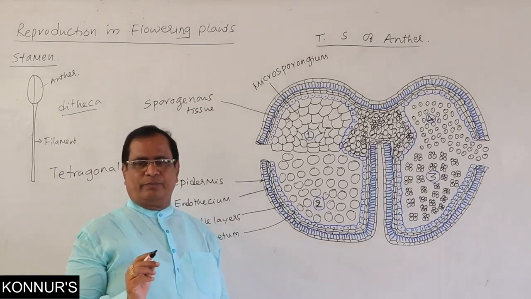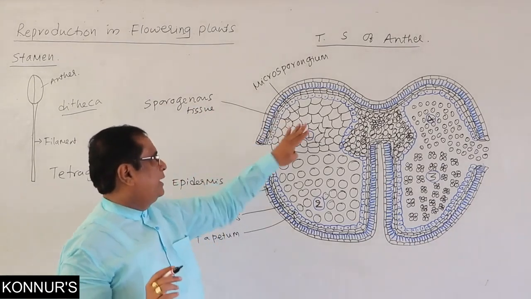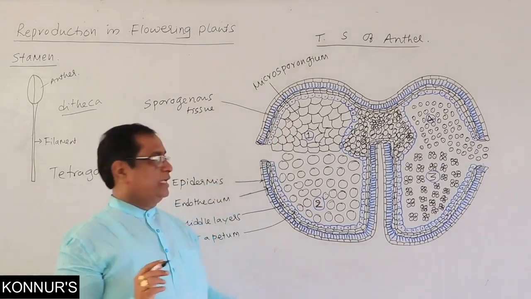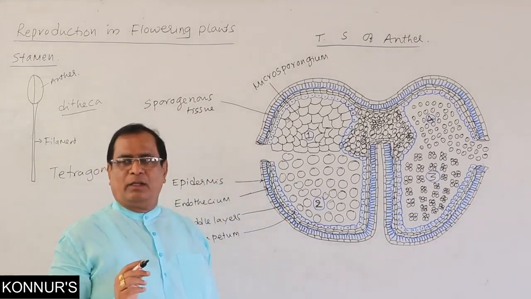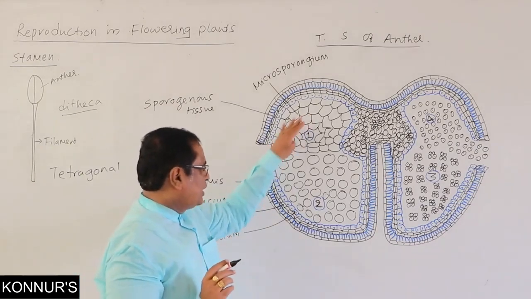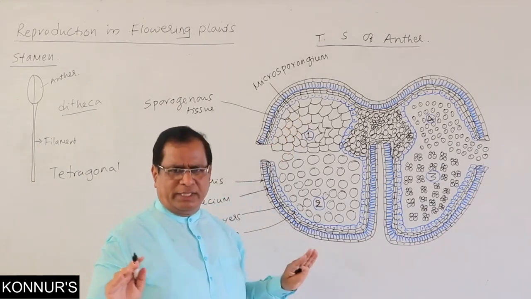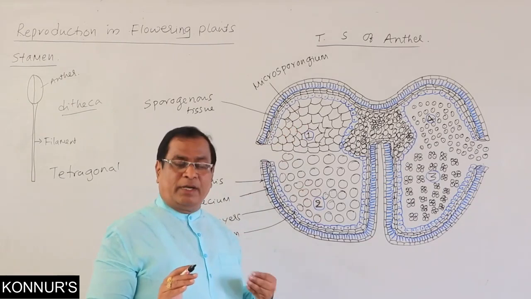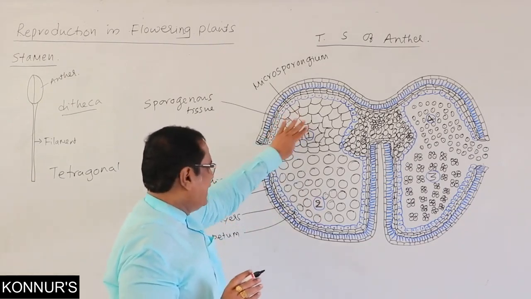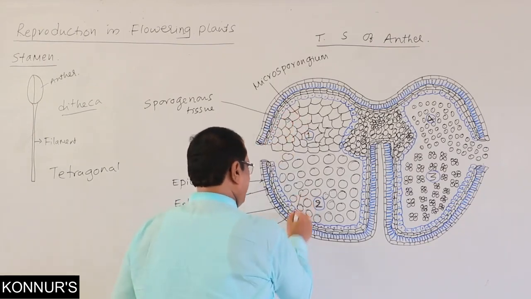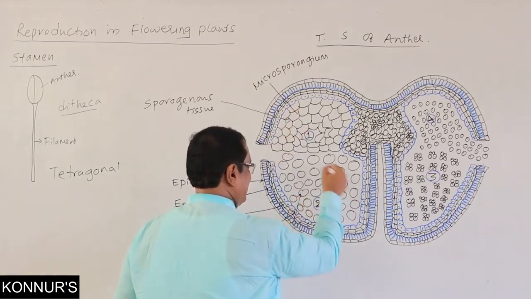Sporogenous tissue. Totally, that microsporangium is packed with sporogenous tissue. Later on, each and every cell, all of them diploid, is capable of undergoing meiosis, so that they get separated and reach the second stage.